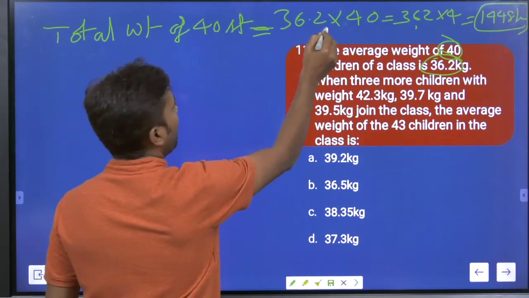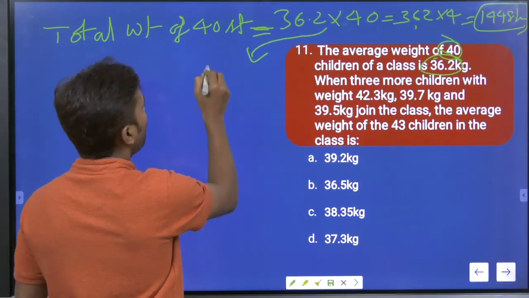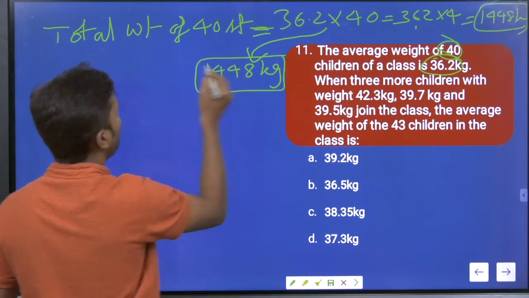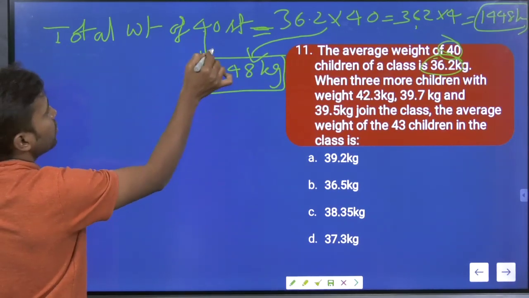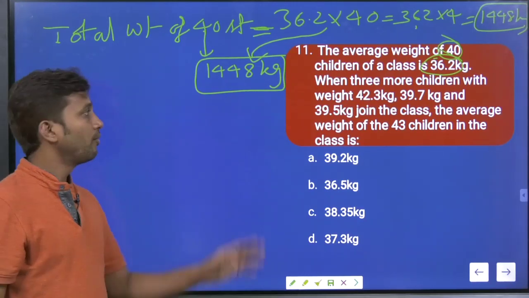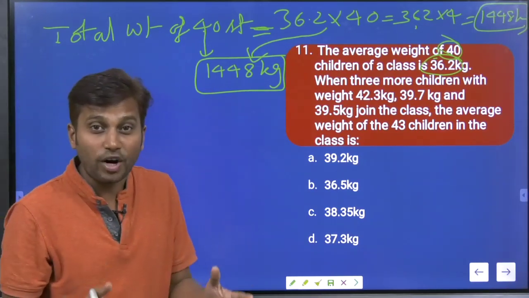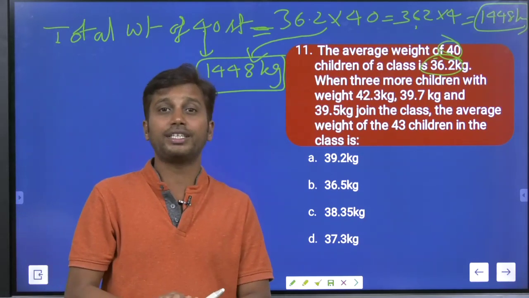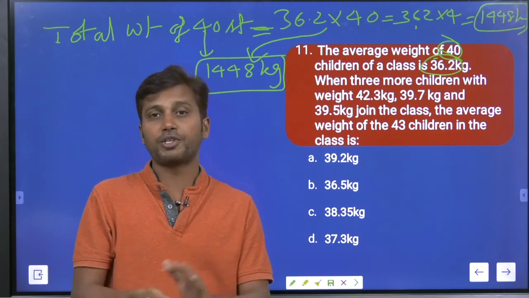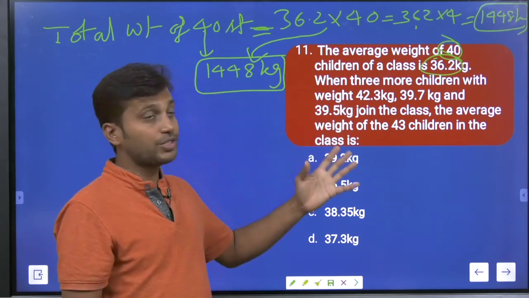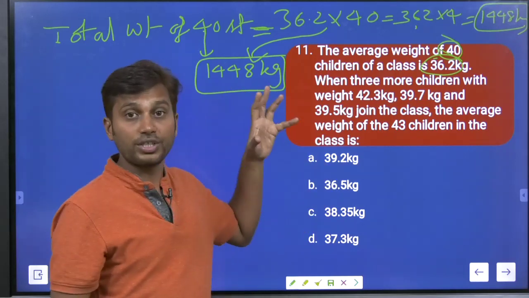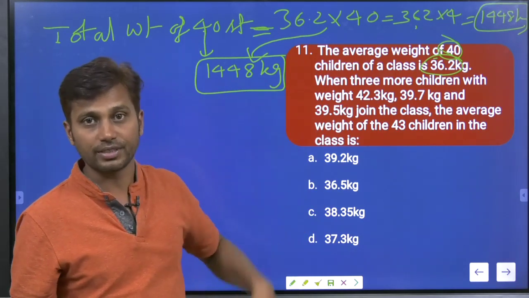I'm writing once again here. Just see, 1448 kgs is the total weight of how many students? 40 students. Here each student is one observation, and each student's weight is one observation. Then the sum of the weights of 40 students is the sum of the 40 observations.